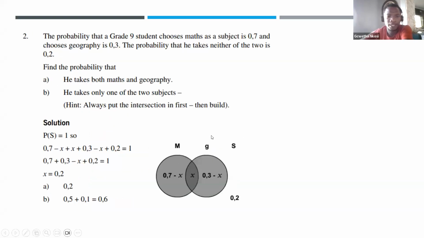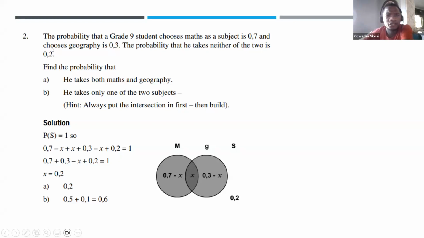Now, they've given you another problem to solve in decimals. So since they have given you the problem to solve in decimals, the probability that a grade 9 student chooses math as a subject is 0.7, that is 70%.